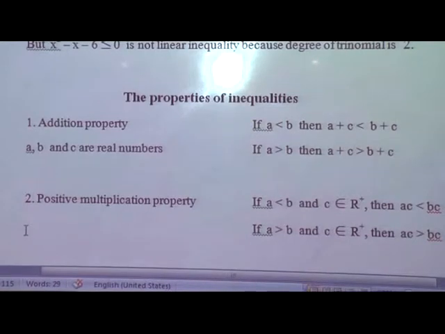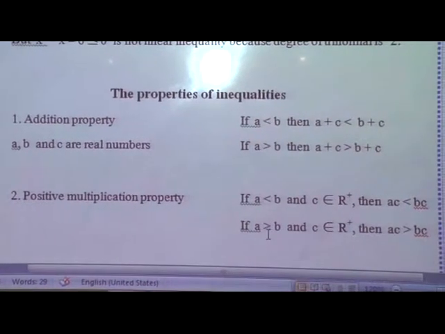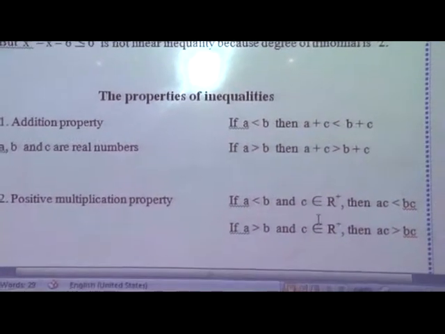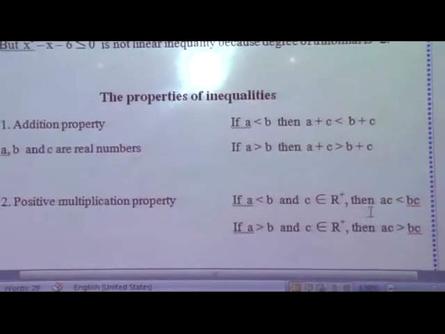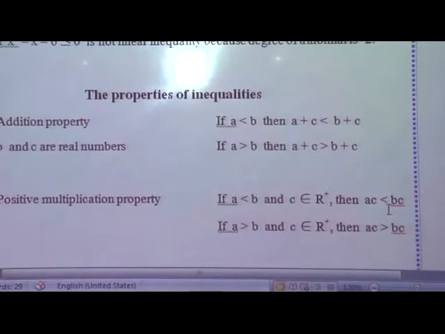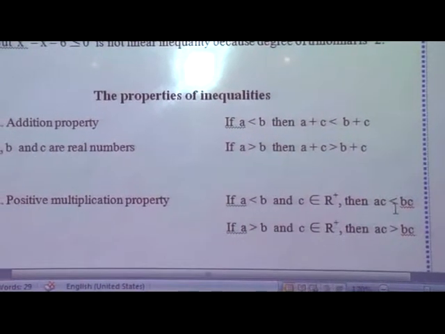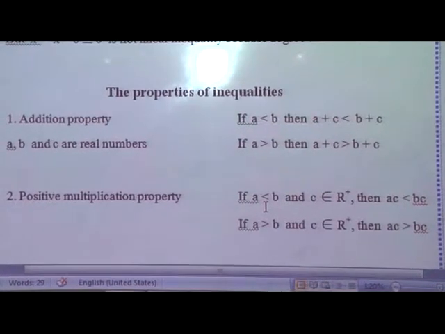Next, the second, the positive multiplication property. If A is less than B and C belongs to the positive real numbers, then AC is less than BC. Take a look: less than, and less than.